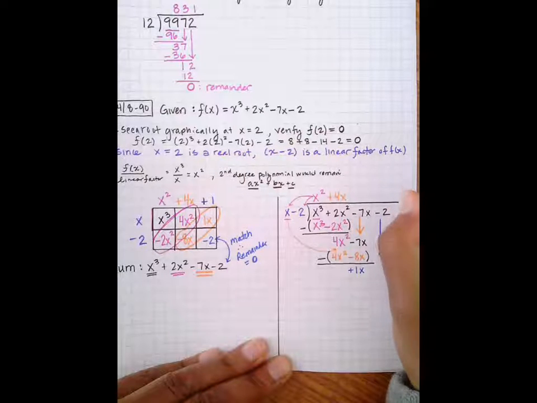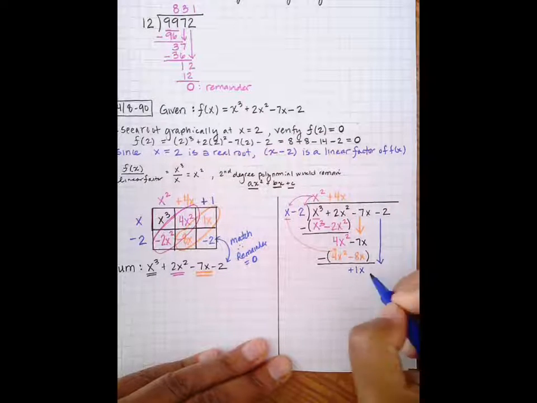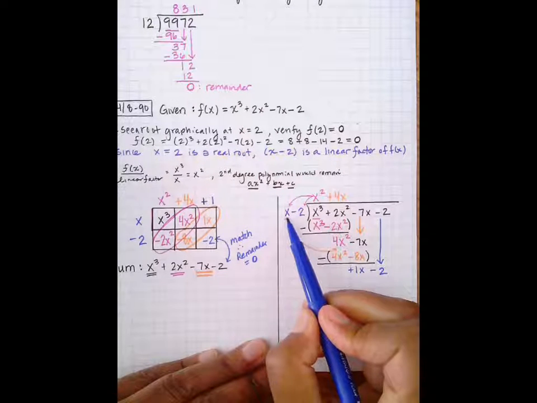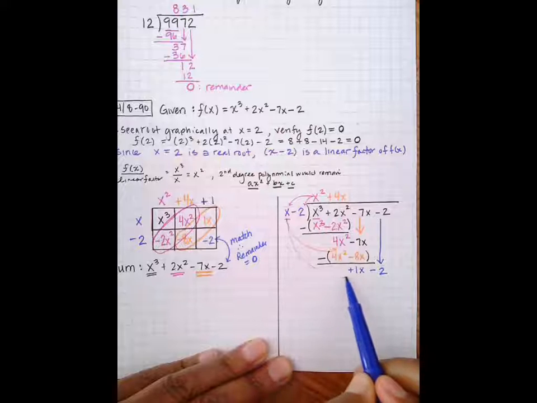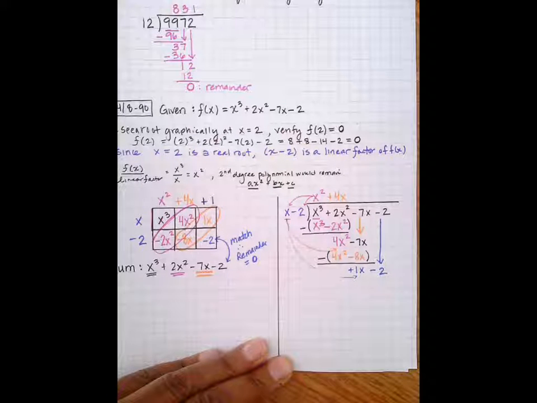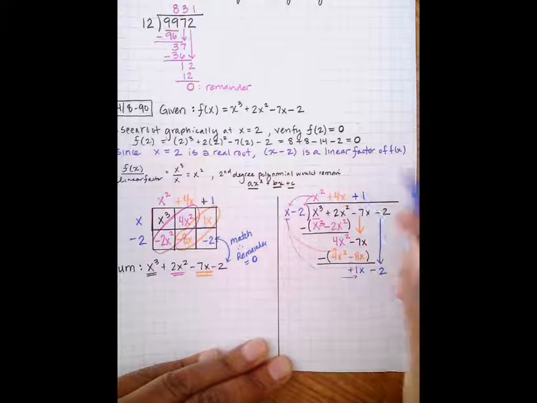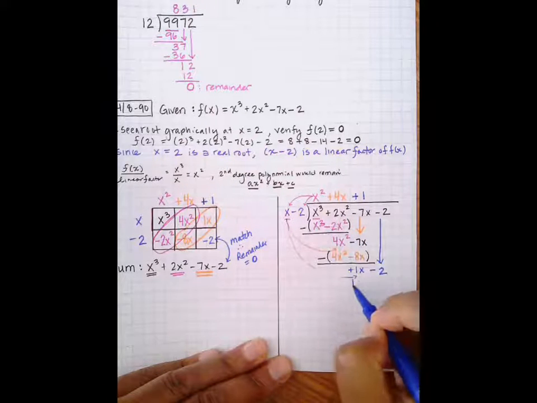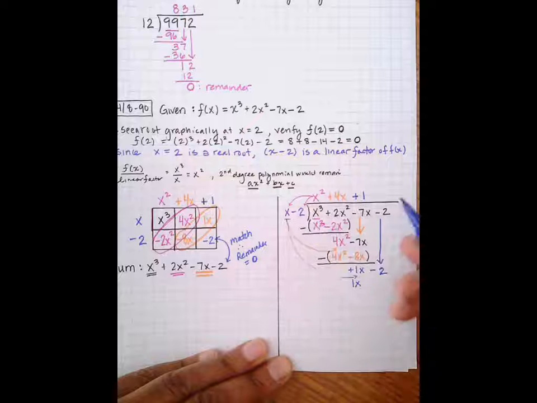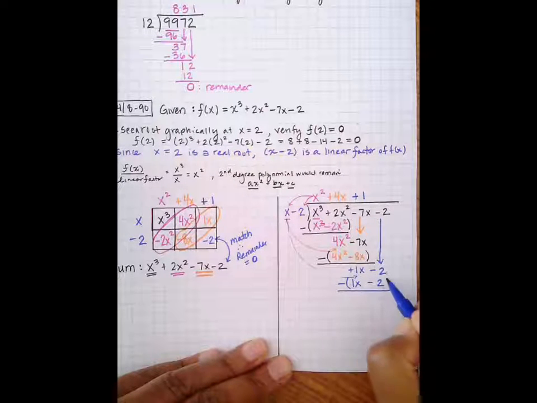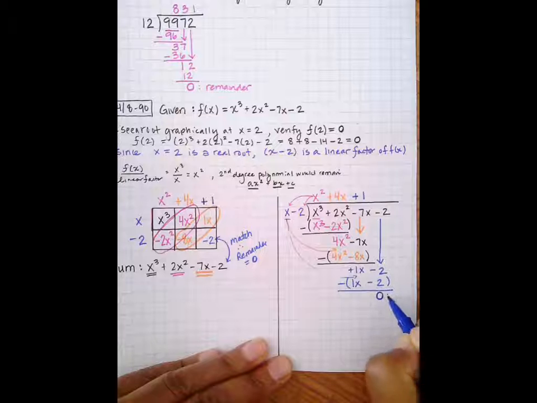And now finally I got to bring down that last -2 and think about, again, how many times does this x go into there? Well, it goes in 1 time, so plus 1. And now again, 1 times x is 1x. 1 times -2 is -2, and look, those two match. So therefore, you're going to have a 0 remainder.